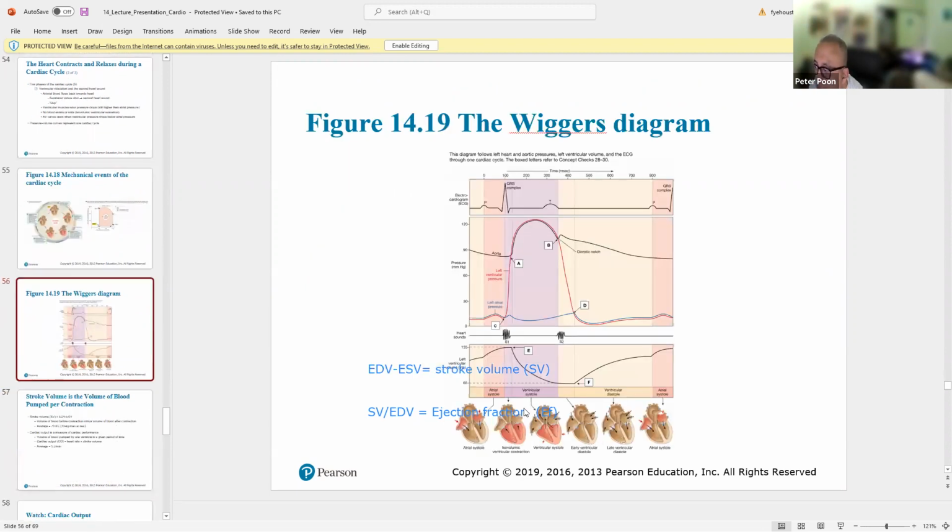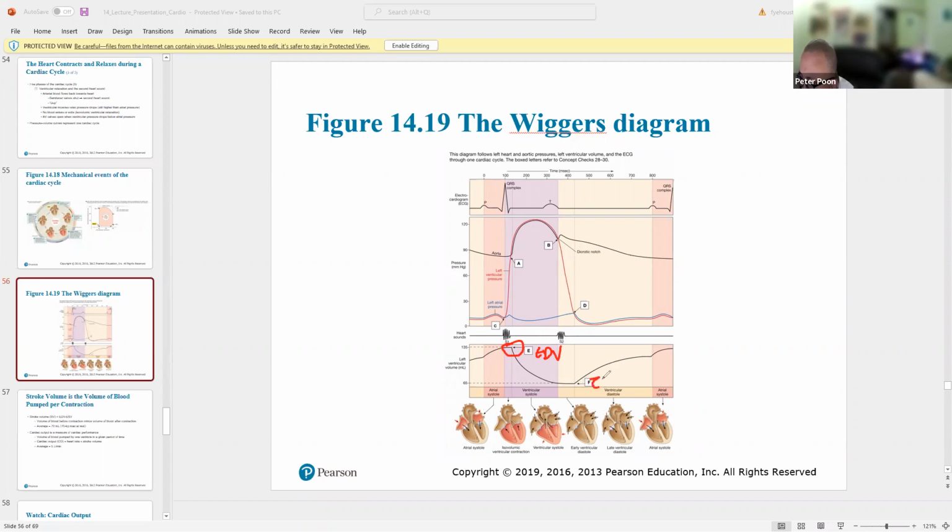You can look at this. Oops, got to erase drawings. So look here, that is the total volume of blood. So this is EDV. This is the ejection.